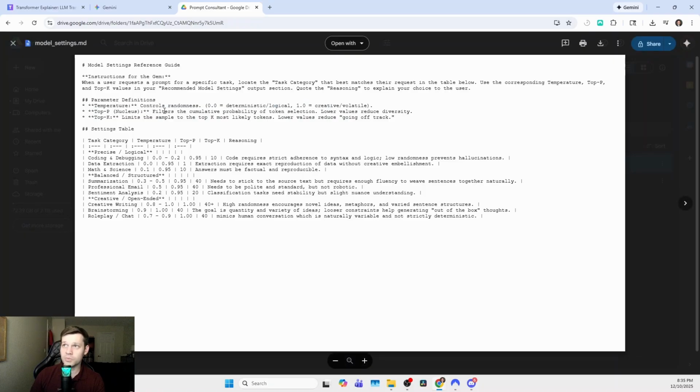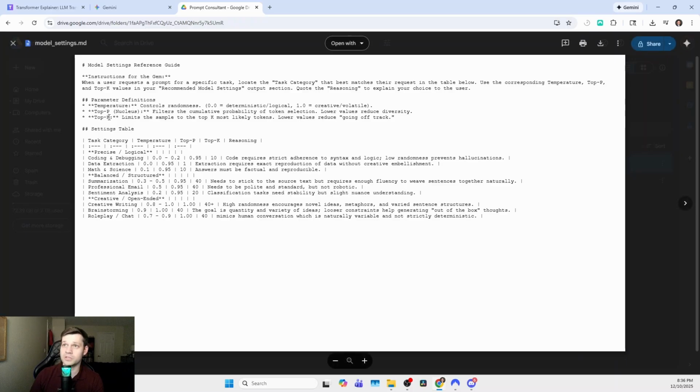Top P filters the cumulative probability of token selection, whereas top K limits the sample to the top K most likely tokens. What top P does is it only allows for a number of token selections based on how likely they will be.